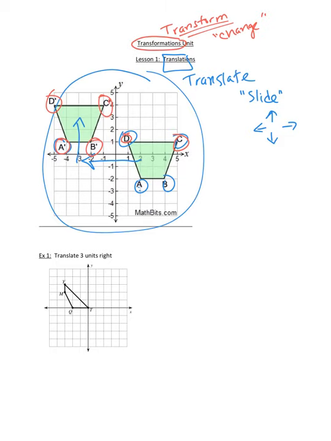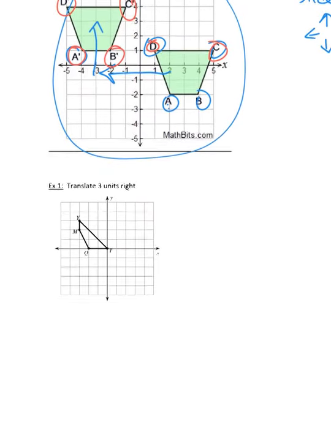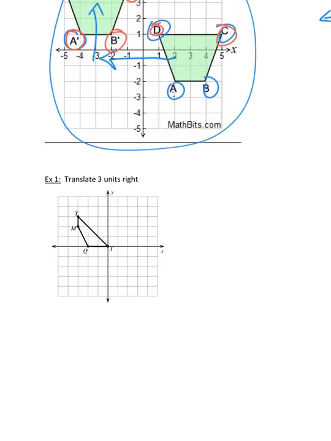So here's an example. They're really simple. You can go through this really quickly. The first example, translate 3 units to the right. You're basically going to put your pencil on each point and count 3 units to the right. So if I start on T, I count 3 to the right. 1, 2, 3. T prime is over here, and I label it right away. Q is over here. I count 3 to the right. 1, 2, 3. Q prime is over here.